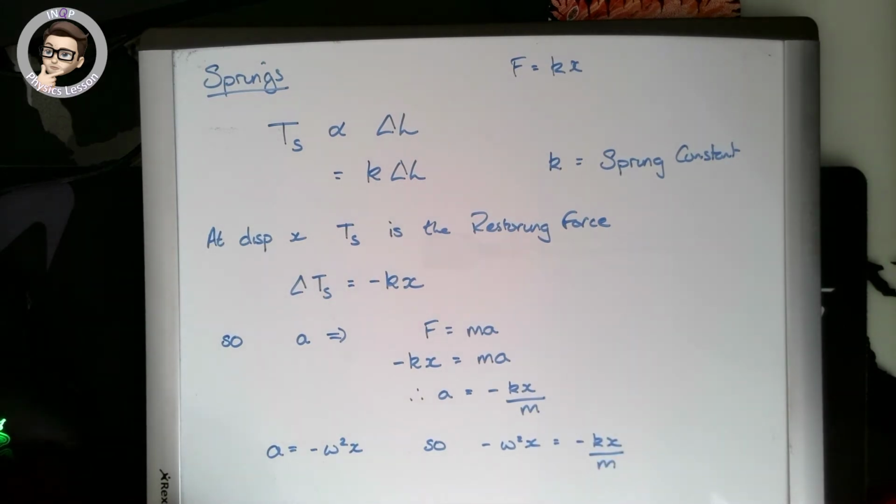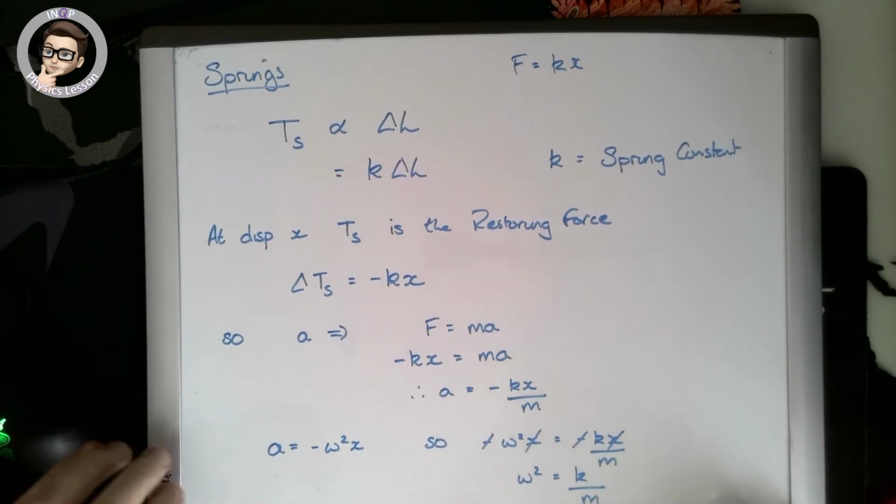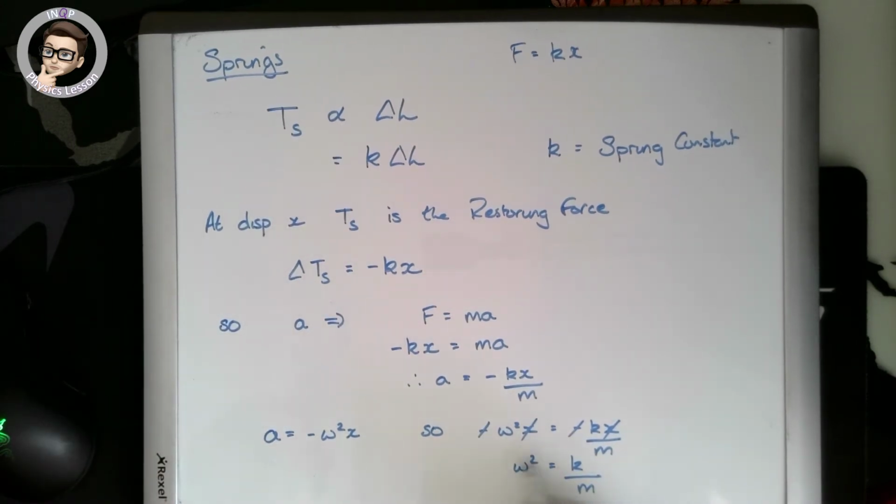Alright, solve this for omega squared. Okay, we can cancel the x's, we can cancel the minuses, so we can say that omega squared is equal to k over m. So we have defined our angular velocity in terms of our spring constant and our mass.